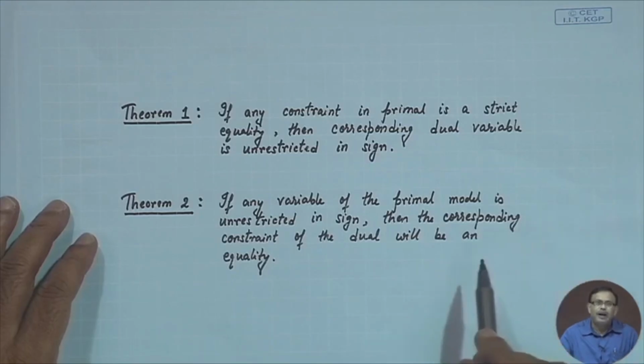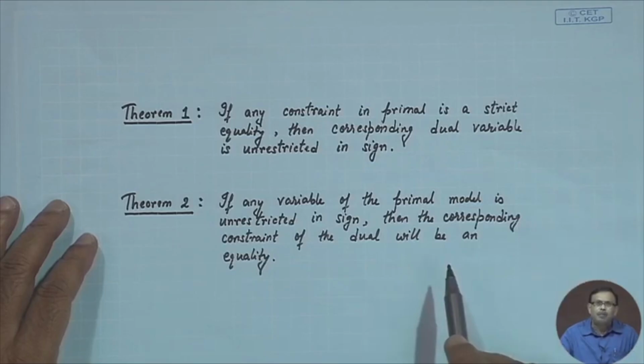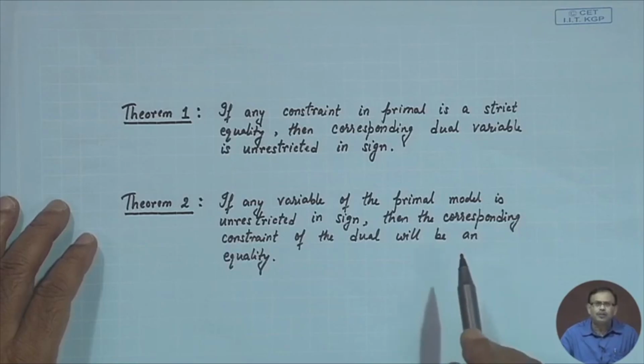Similarly, if any variable of the primal model is unrestricted in sign, then the corresponding constraint of the dual will be of equality type. That means these two are opposite ones.